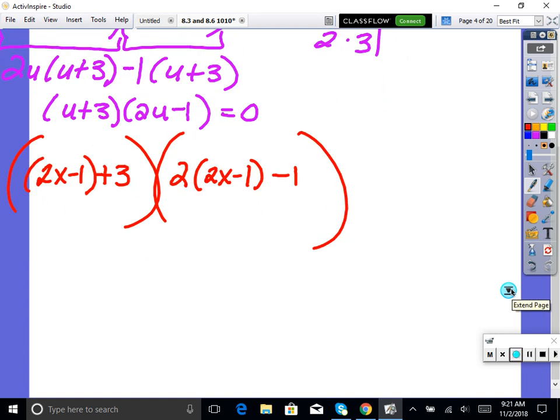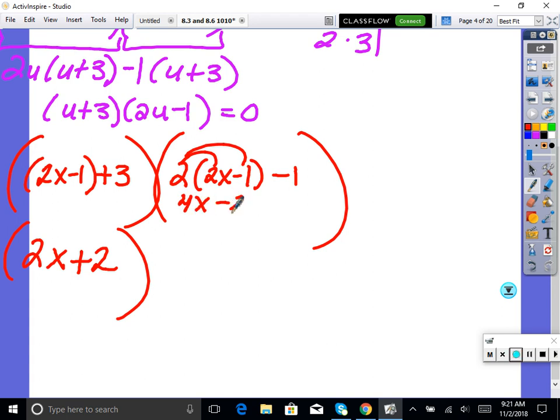Okay, so now right here, nothing needs to be distributed because there's nothing in front here. So inside of parentheses, we get 2x plus 2. Right here, I would need to distribute the 2 in. That's 4x minus 2 minus 1. So we get 4x minus 3.